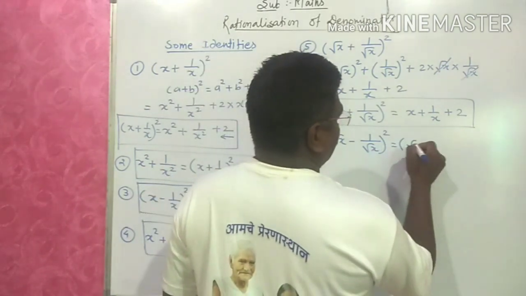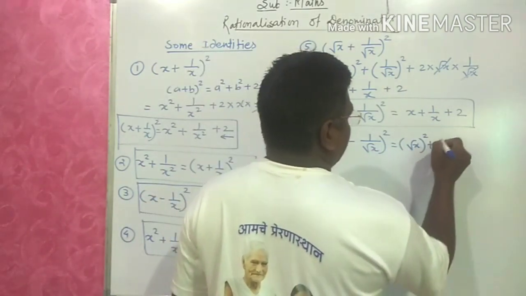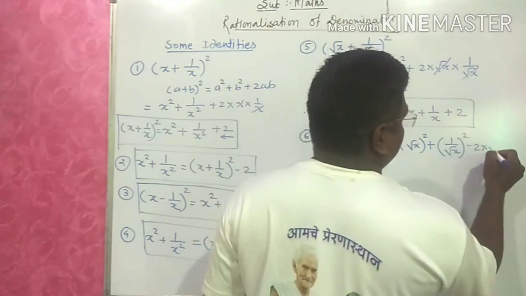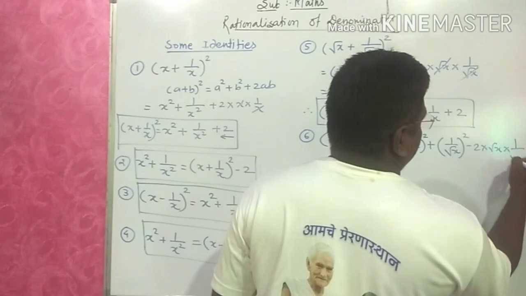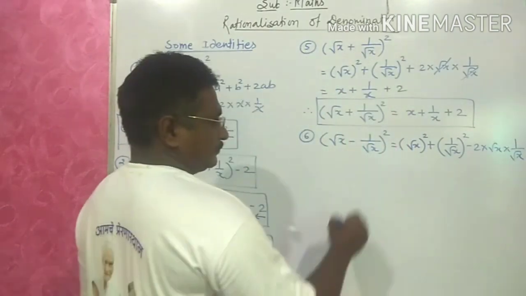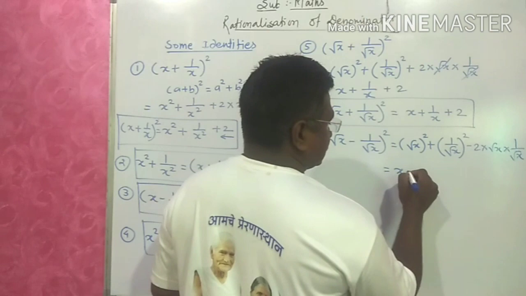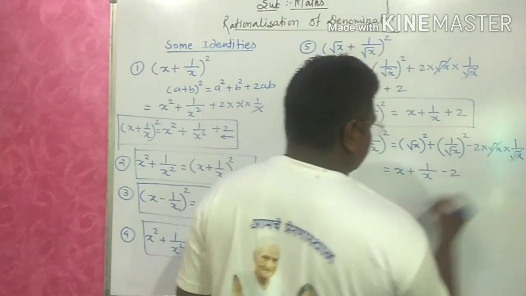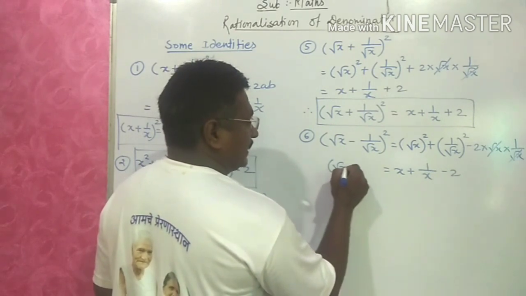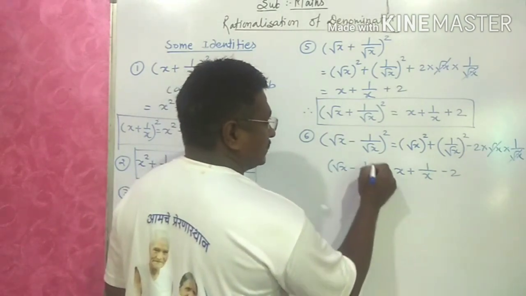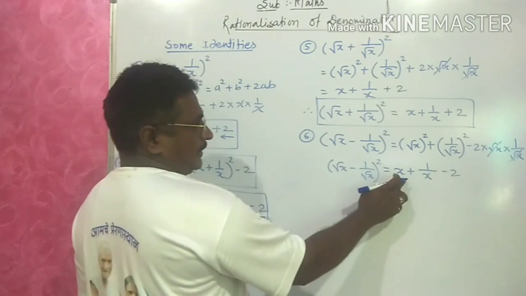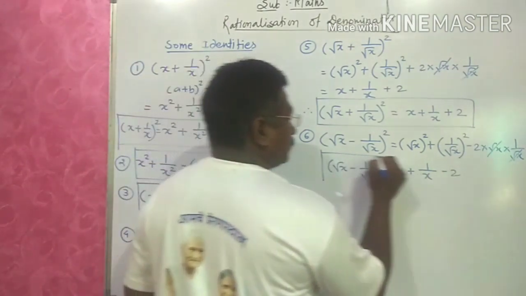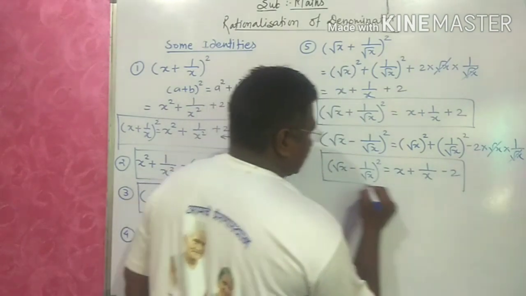Same, root x whole square plus 1 by root x whole square minus 2 into root x into 1 by root x. So what will we get? x plus 1 by x minus 2, which means root x minus 1 by root x whole square equals x plus 1 by x minus 2. So this is the sixth identity.